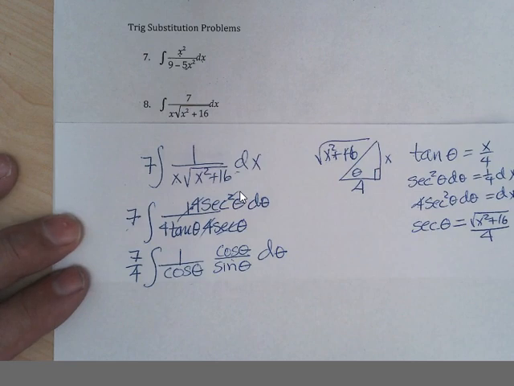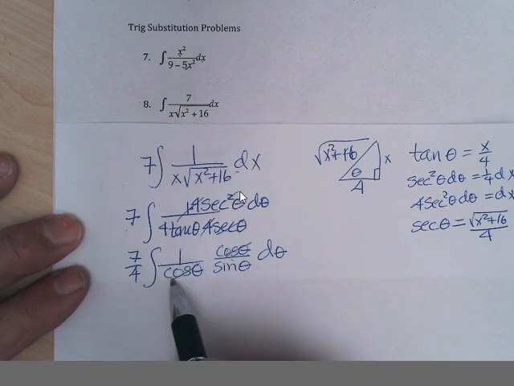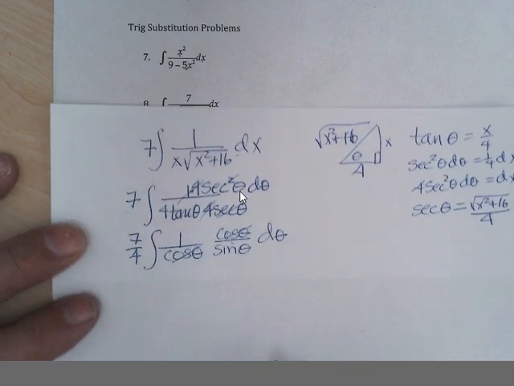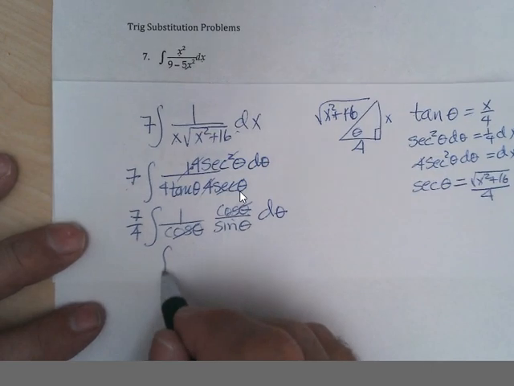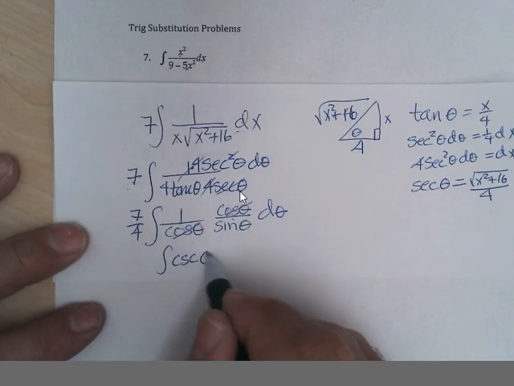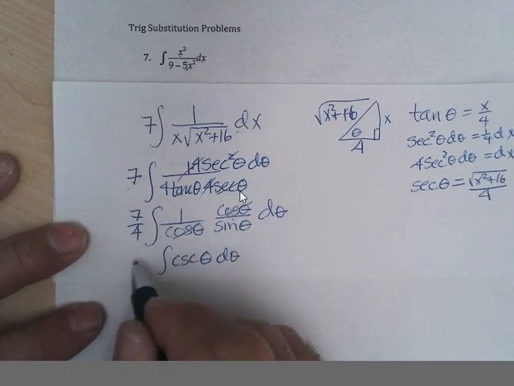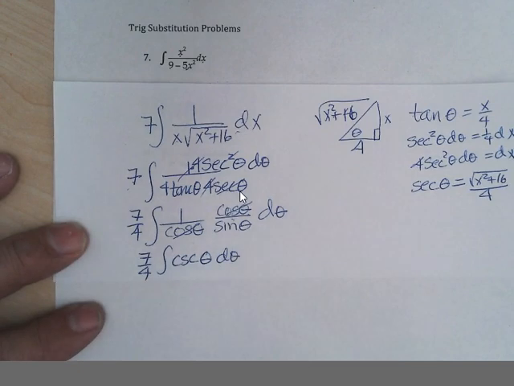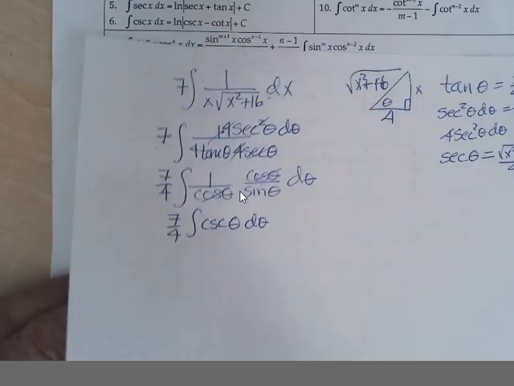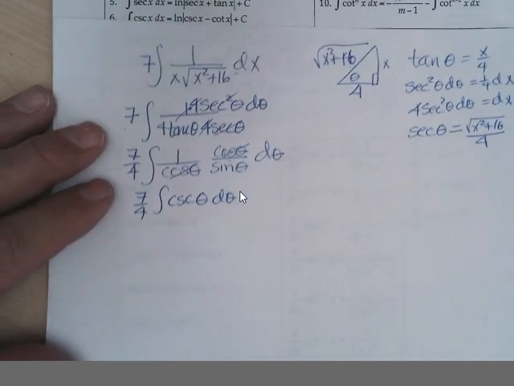So cosines cancel. I get 1 over sine, which is cosecant theta. And we have a formula for cosecant.